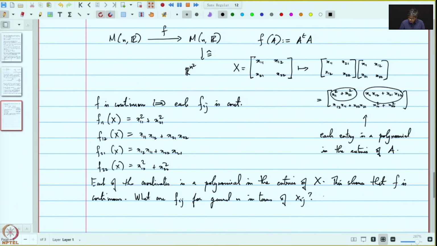So clearly this ONR is equal to F inverse of the identity matrix, right?